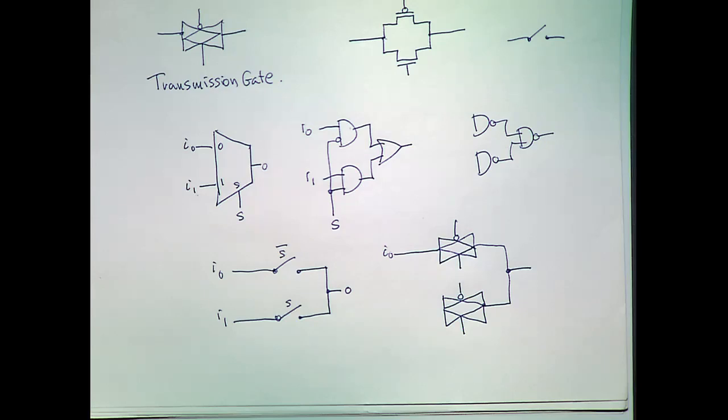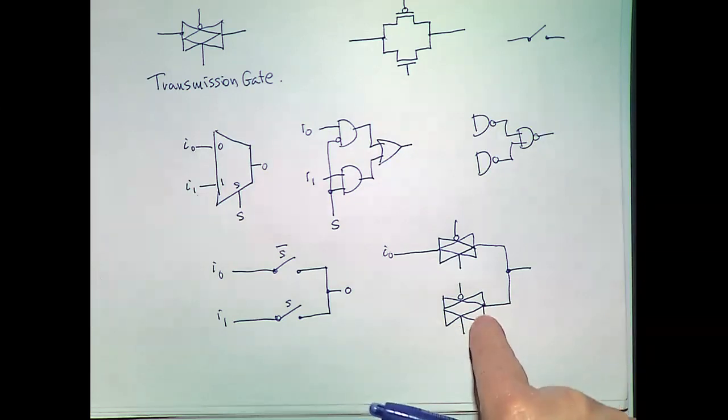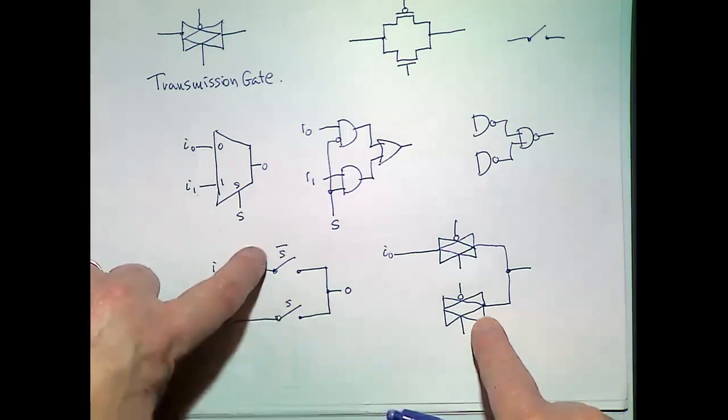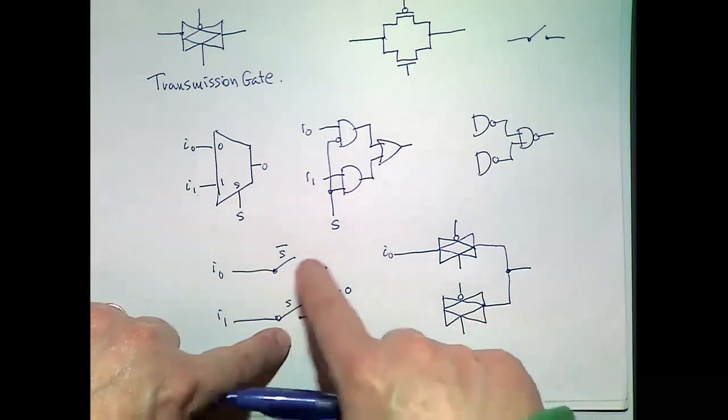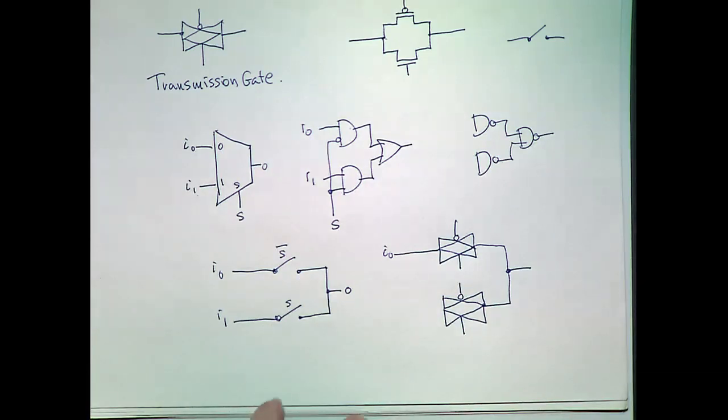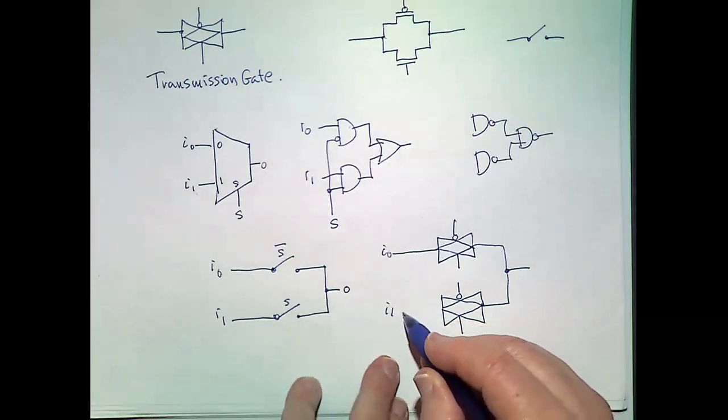Vivado will not let you do that. And that's because the outputs of the gates in Vivado are either being pulled down or pulled up. But here, when this is off, it's just floating. Only one of these is closed. Always one of these is closed. So we don't have an issue with a short. Okay, so this is I1.